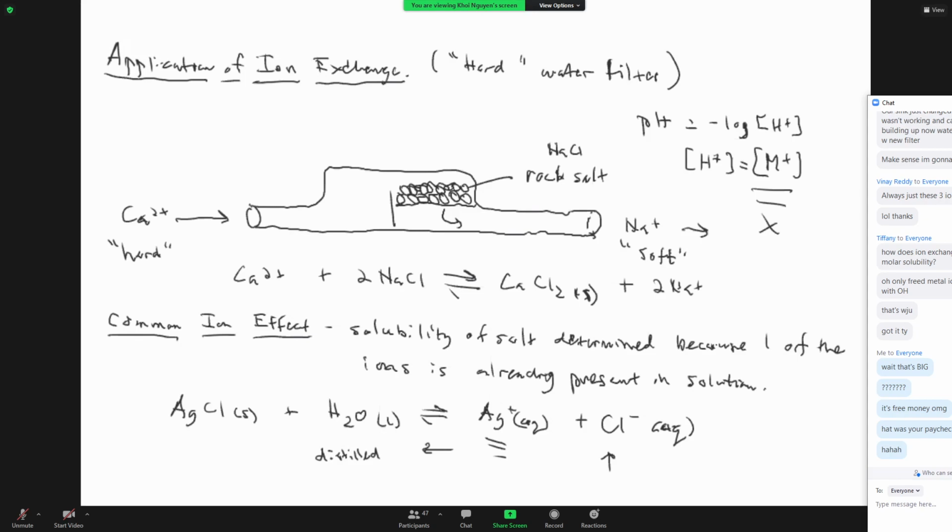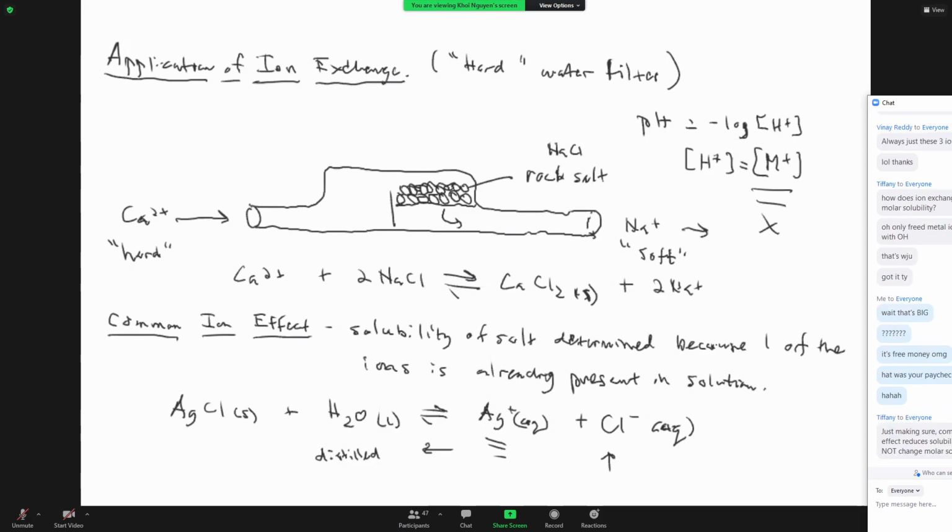So it was kind of nice, but this is where the use of chemistry became applicable to the real world, where we're not just doing theoretical things anymore. But if you think about it, the common ion effect is simply Le Chatelier's principle. It says that if there's an ion already present in solution, you can't get it to dissolve as well, or it's not as soluble.